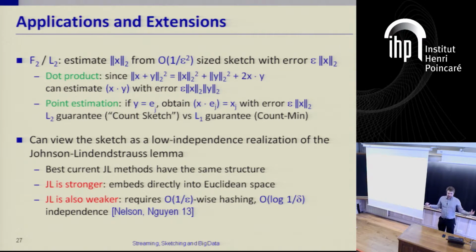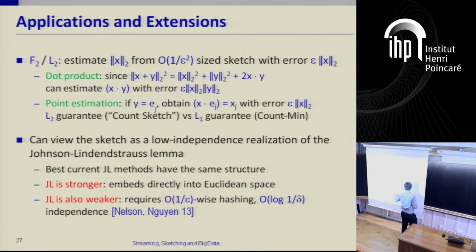And if you want to connect this to the world of geometry and dimensionality reduction, you can see this as a sort of realization of the Johnson-Lindenstrauss lemma. The Johnson-Lindenstrauss lemma says that you can take a vector in high-dimensional Euclidean space and map it down to a much shorter vector in Euclidean space and preserve the norm. We're almost doing that here, except that we're not strictly mapping into Euclidean space because we've got this median operator in order to get our estimate. But we're doing so very quickly, very sparsely.